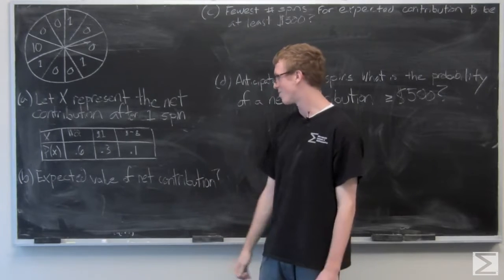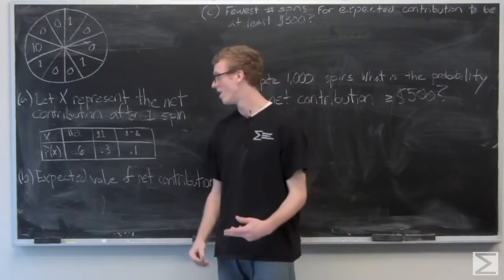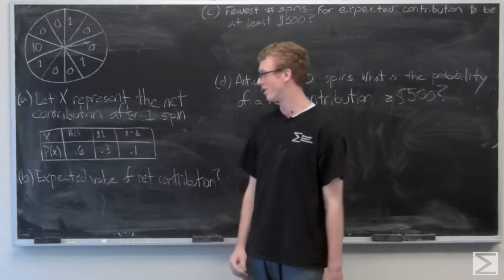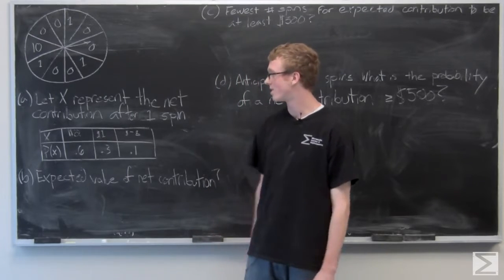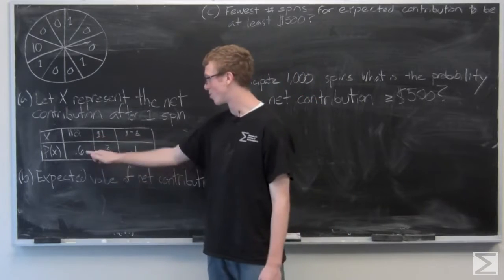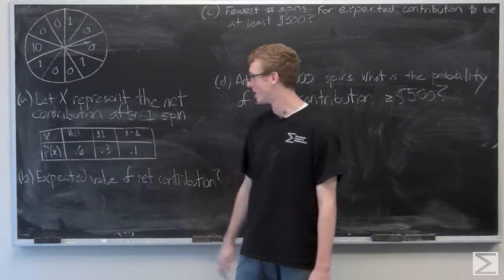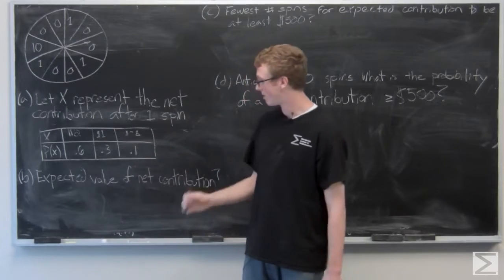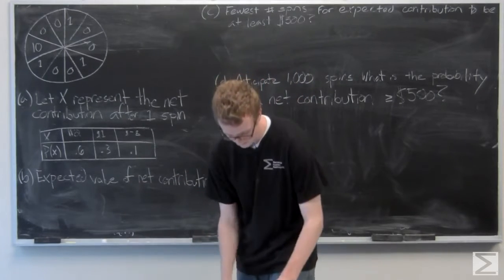Now we need to find the expected value of the net contribution, also the average of what the net contribution after one spin is going to be. All we need to do is multiply out 2 times 0.6, 1 times 0.3, negative 8 times 0.1 to find out what that expected value is going to be.